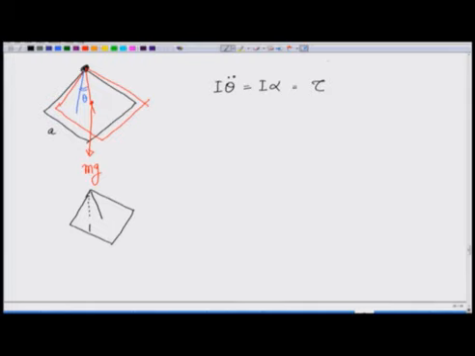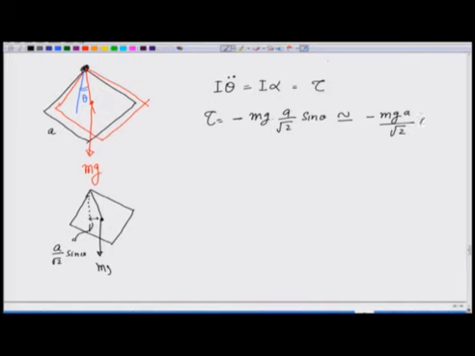This is mg. Distance from the axis is half the diagonal, which is a over root 2 sin theta. So, the torque is mg a over root 2 sin theta, and I put a minus sign in front because it is in the direction opposite to the displacement, which in small angle approximation becomes minus mg a over root 2 theta, if theta is small.